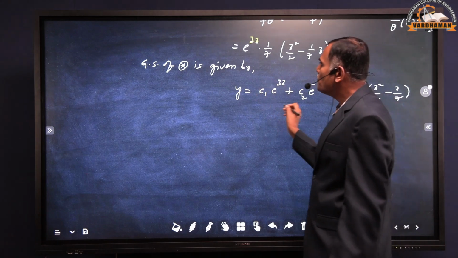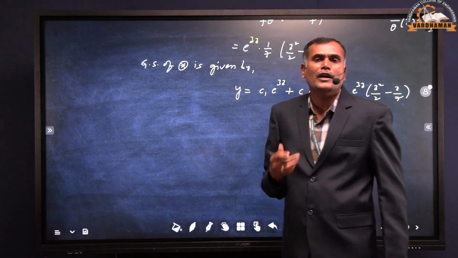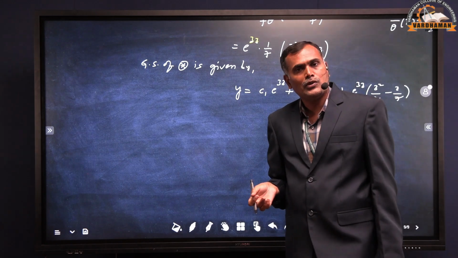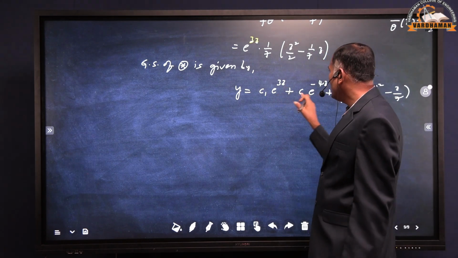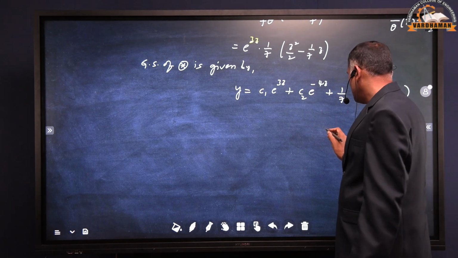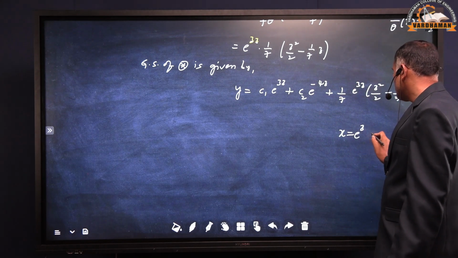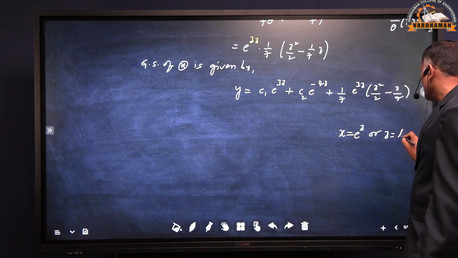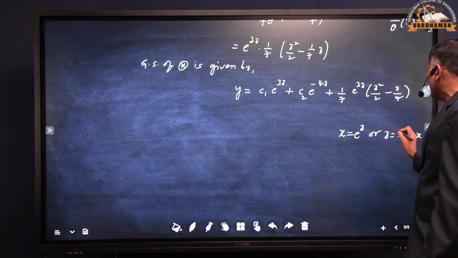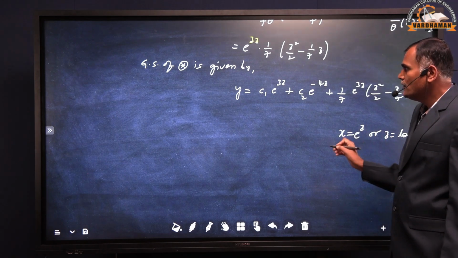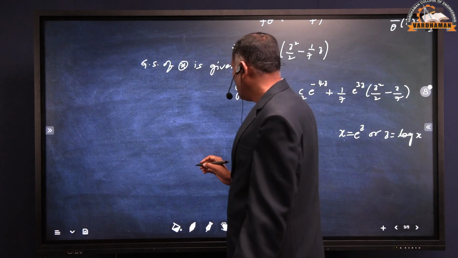Now this is a solution of star. Now we want to find the solution of the given differential equation. The solution is given by replacing z with log x. This is the substitution we have used: x equals e power z, or z equals log x. In place of z we write log x, and in place of e power z we write x to get the required solution.